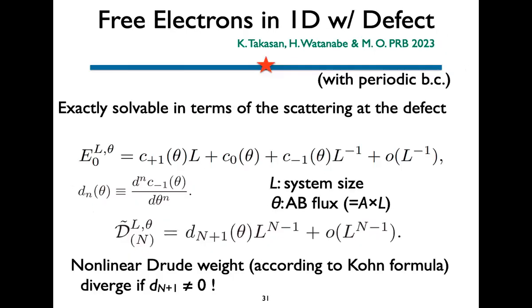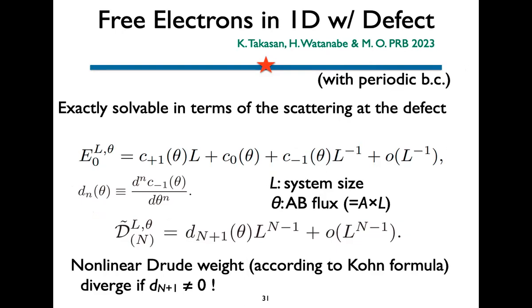So we tried to understand why this diverges and what it means physically. For this purpose, we studied a very, very simple model of just a 1D free electron with a single impurity. This is like what you saw in undergraduate quantum mechanics, but it is, of course, exactly solvable. That's why it's used for our purpose.